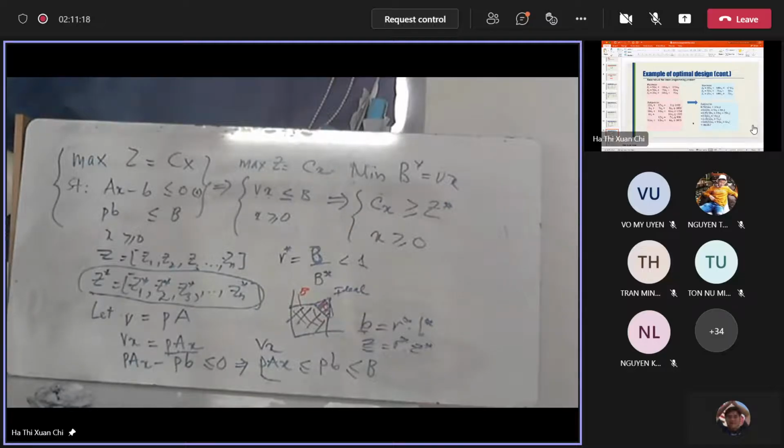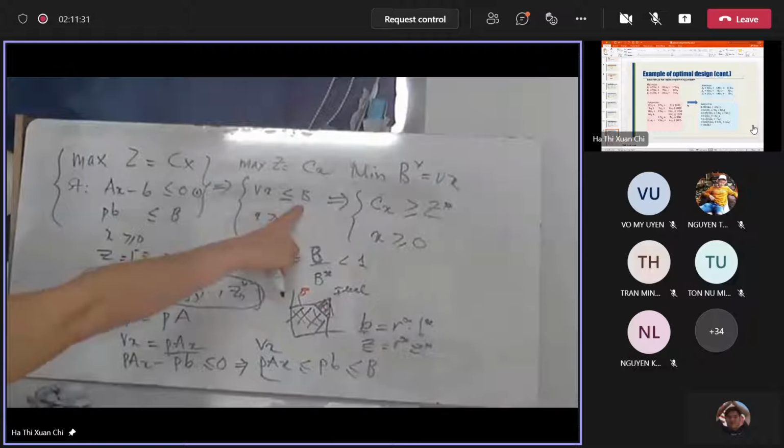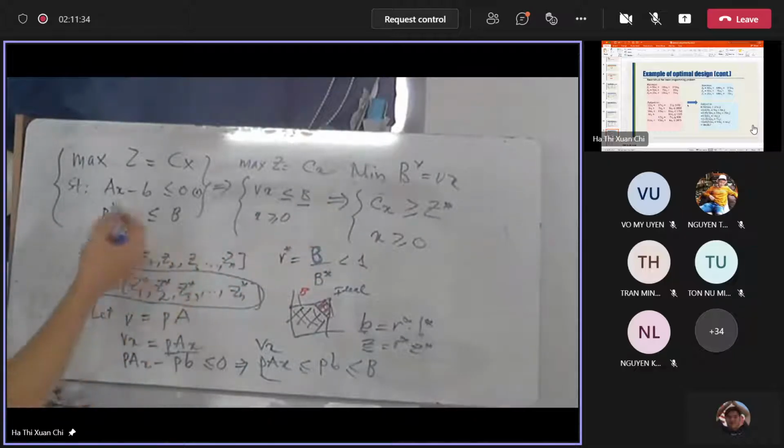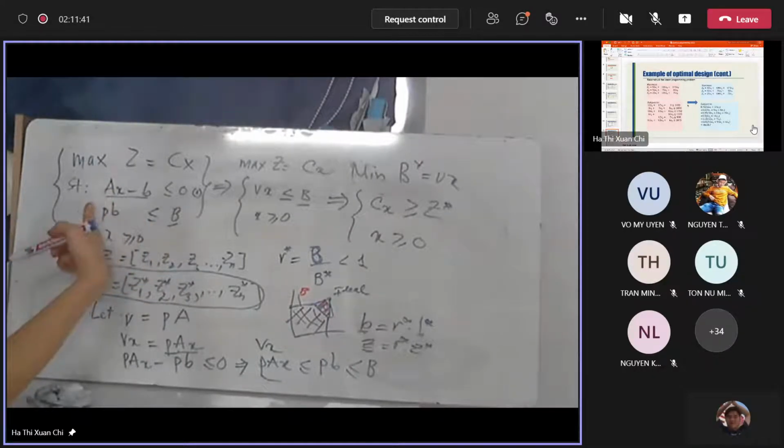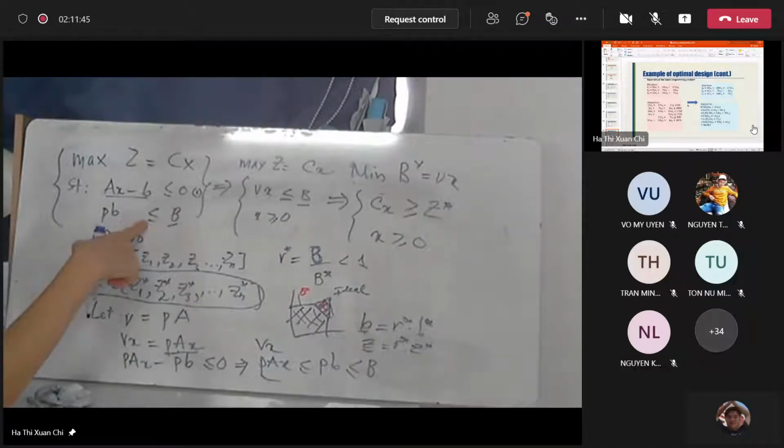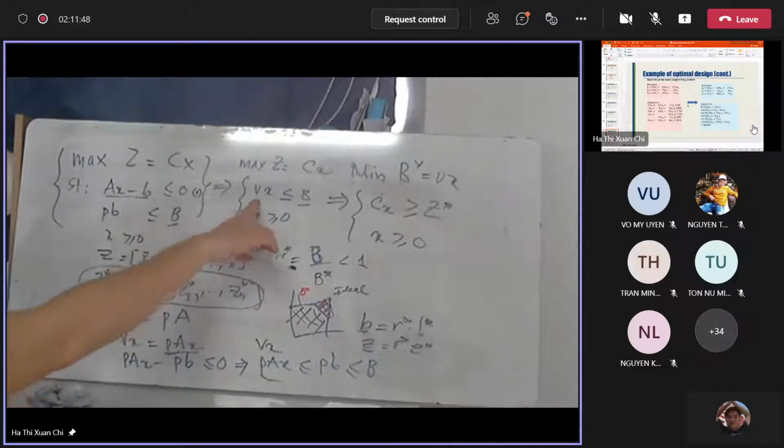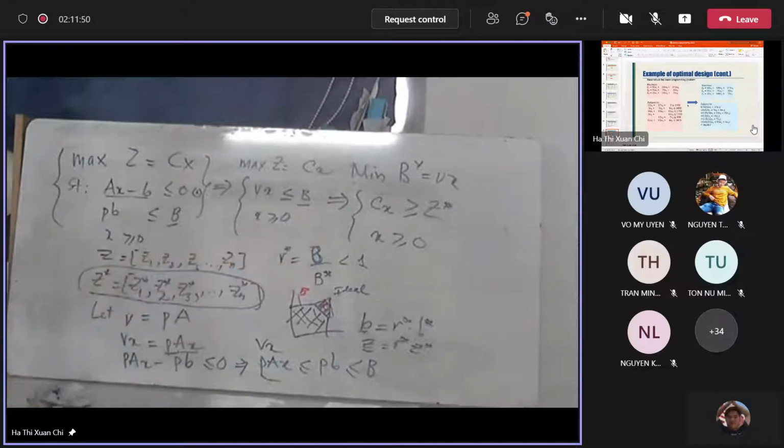So in this stage, the main purpose is that we try to transform the other constraints into one constraint related to the budget only. You can see that here you have the budget. Here you have other constraints like machine, like labor, everything. But we try to transform them to relate only to budget, only money.